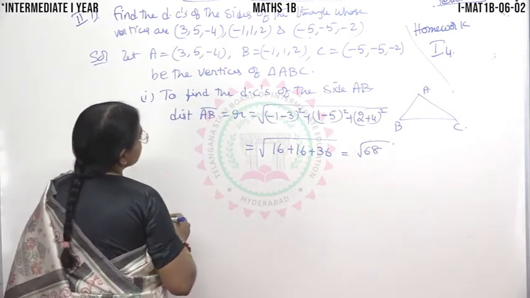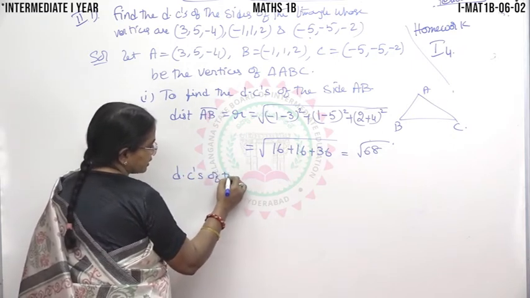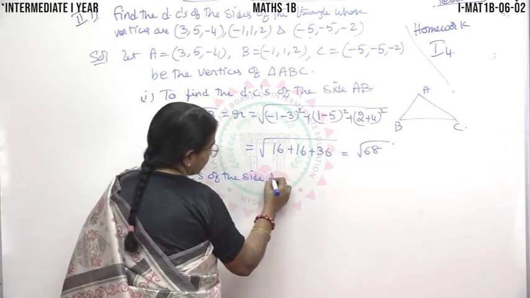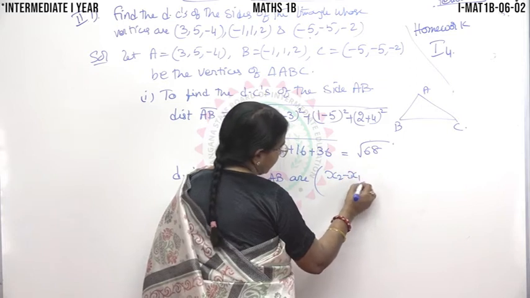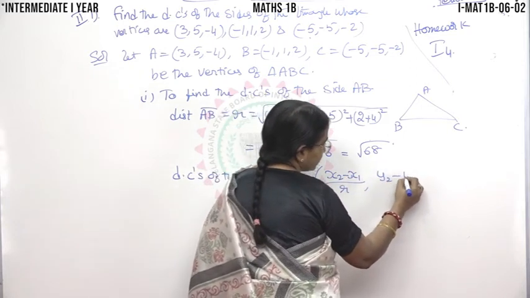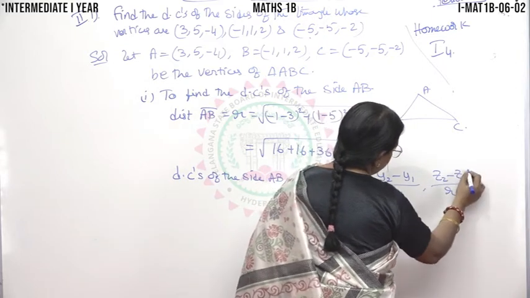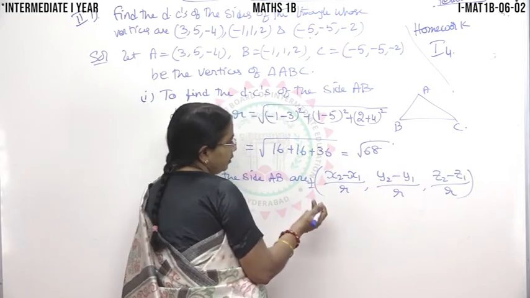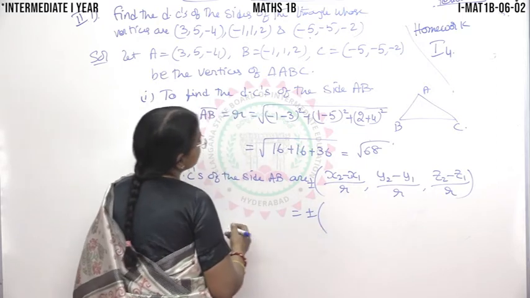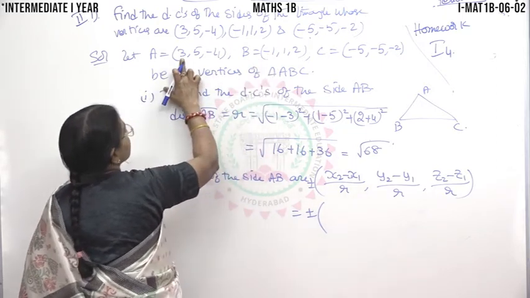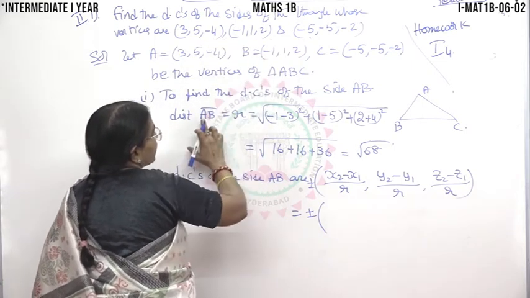Yes. So now we can write the direction cosines DCs of the side AB. What is the formula? x2 minus x1 by R, and then y2 minus y1 by R, and then z2 minus z1 by R. You can take plus or minus outside. What is x2 minus x1? This minus this. So this is x1, y1, z1 and this is x2, y2, z2, because we are taking AB side.